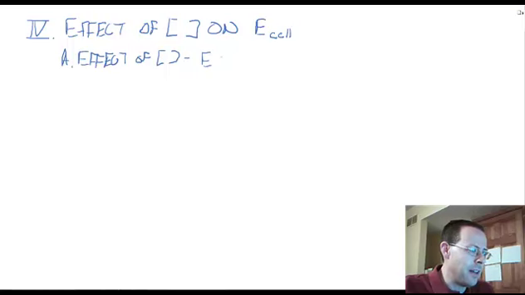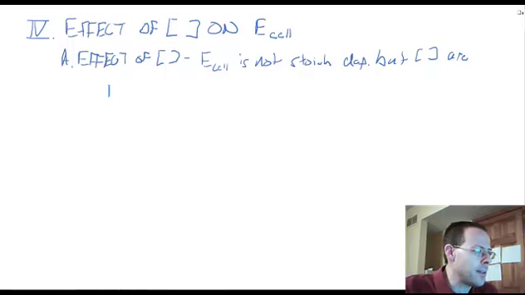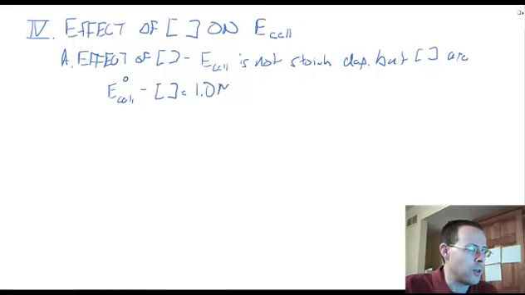So the effect of concentration is just this: E cell is not stoichiometrically dependent, but concentrations are. Okay? So whenever we have E cells that have a little knot above them, this is making the assumption that our concentration equals 1 molar solutions.